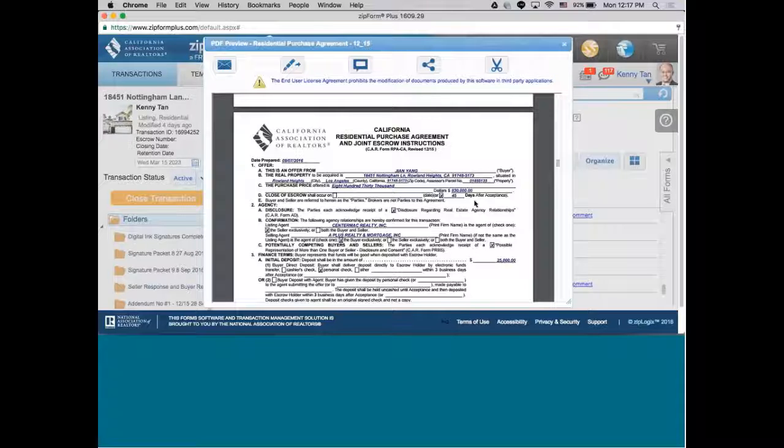Something you want to do: if I present an offer for a buyer, and I can get the buyer's lender to provide it, and if the DU finding is a good one, I'll definitely include the DU finding with my pre-approval. If the DU finding is not so great, you might as well not include it.